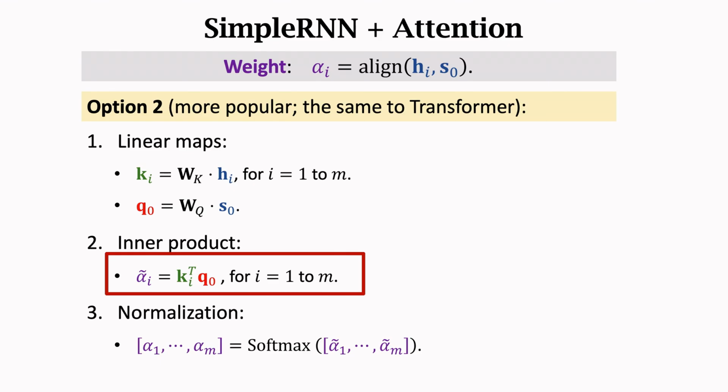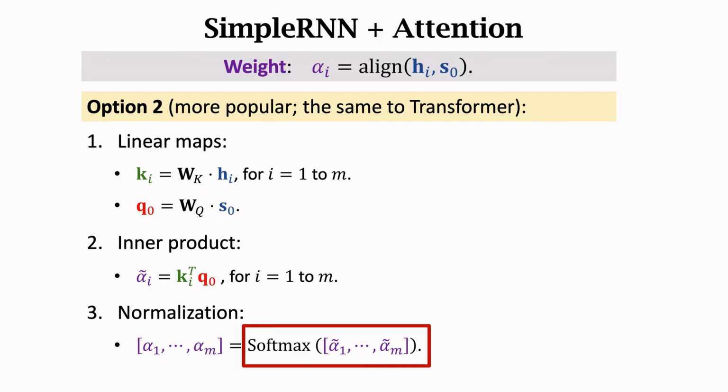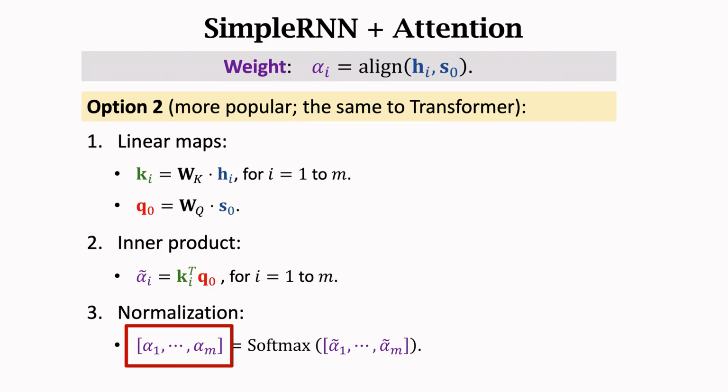Second, compute the inner product of vectors Ki and Q0. Denote the product by alpha tilde i. It is a scalar. Finally, normalize the alpha tildes using the softmax function. Denote the outputs by alpha 1 to alpha m. They are the weights we need.